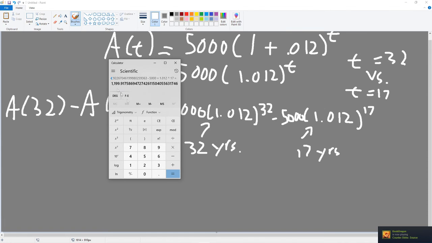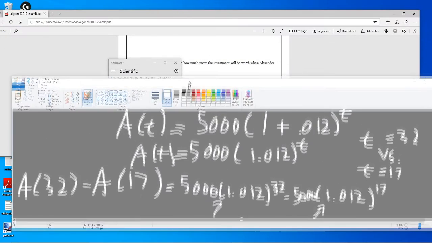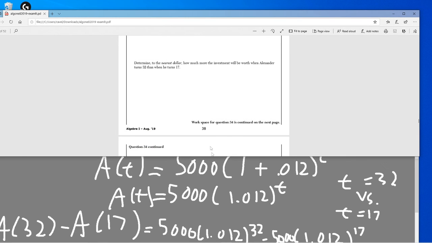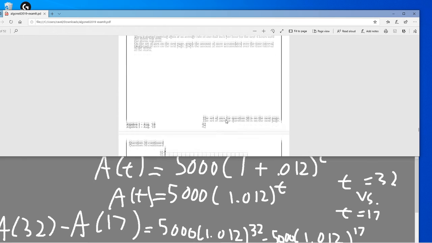So it's $1,200. Okay, so the difference is $1,200. All right. Is there anything else?